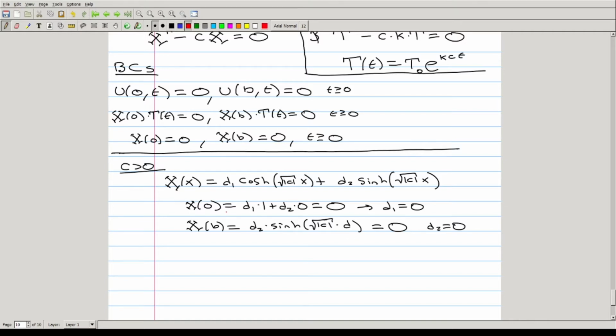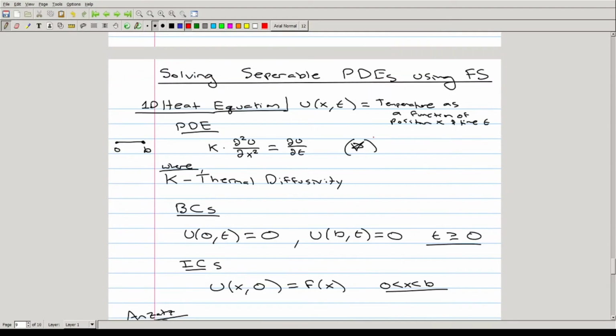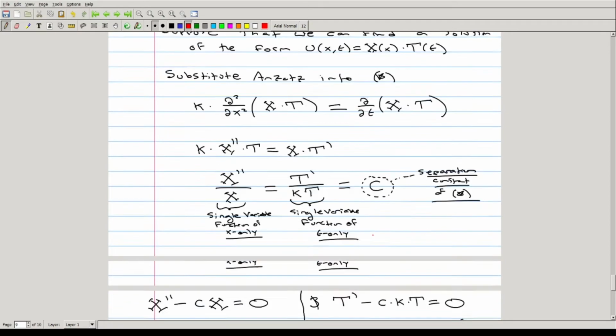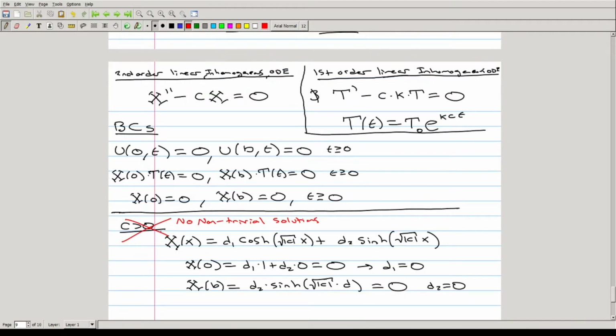So this case is no good. Or I should say the case C positive is no good because there are no non-trivial solutions. Right? There are no solutions to this partial differential equation that are separable, where this C value is strictly positive.